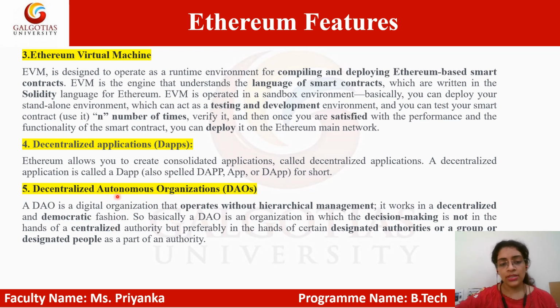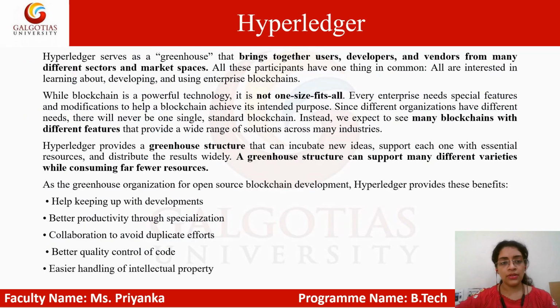It is responsible for taking all the decisions. Because there is no central authority here, we create a decentralized autonomous organization which will do all the decision-making tasks, and designated people are assigned in that authority. So these are all the features of Ethereum.